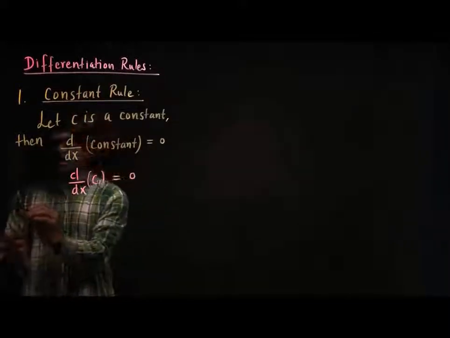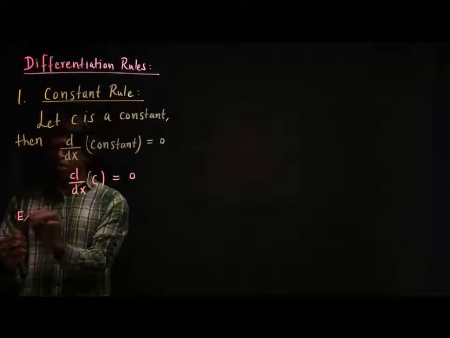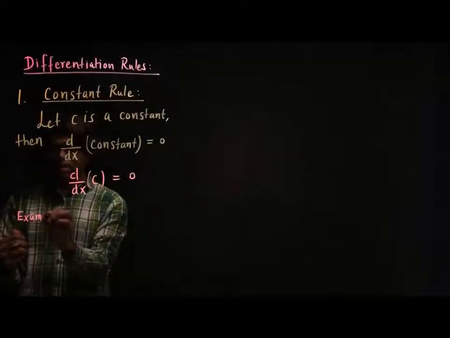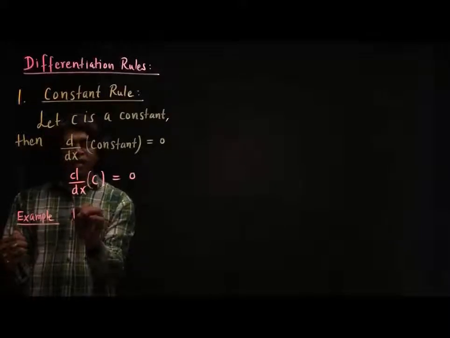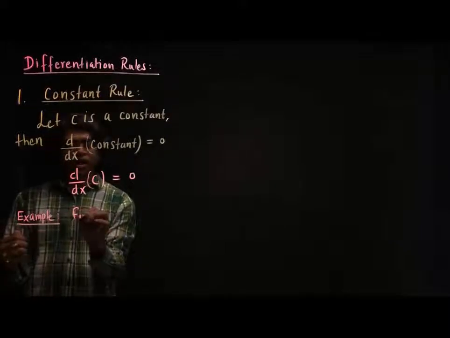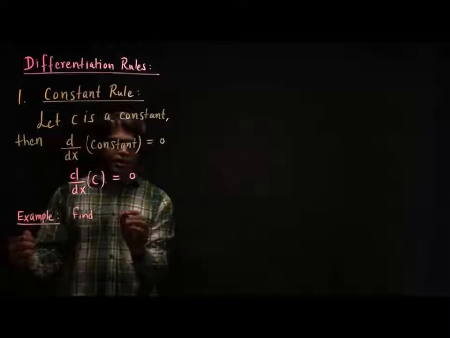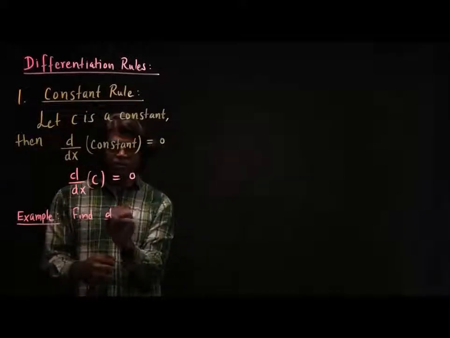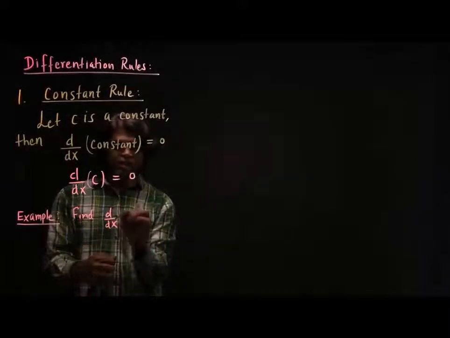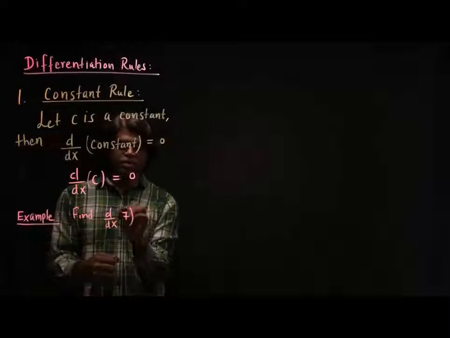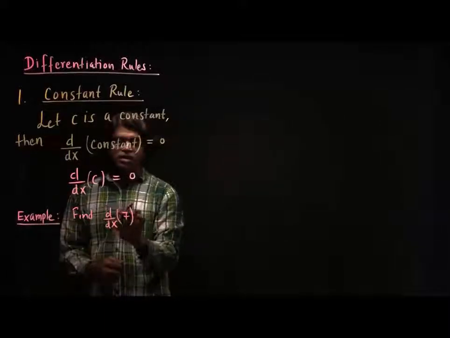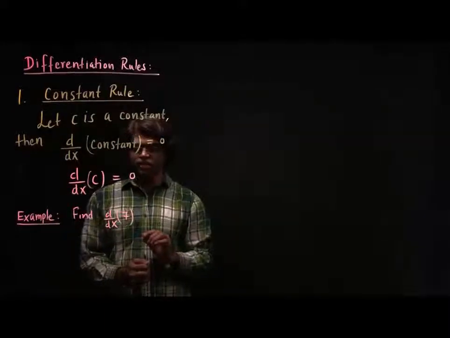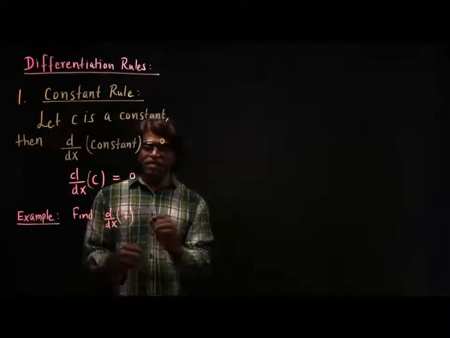Now, let's consider an example. So my example is find d by dx of 7. So as you can see, 7 is a constant because 7 is a fixed number.